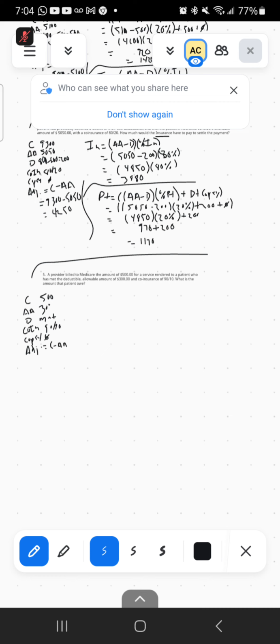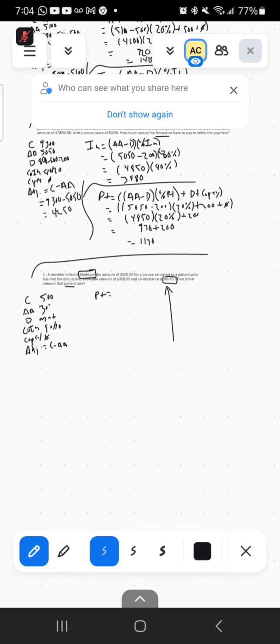And we're going to calculate. The question says how much the patient owes, so we're going to start with the patient. Professor, excuse me. Go ahead. The question says that a provider billed Medicare, and then it says that they have co-insurance. In the case that it mentions both, you go with whatever the co-insurance is, rather than what Medicare is.